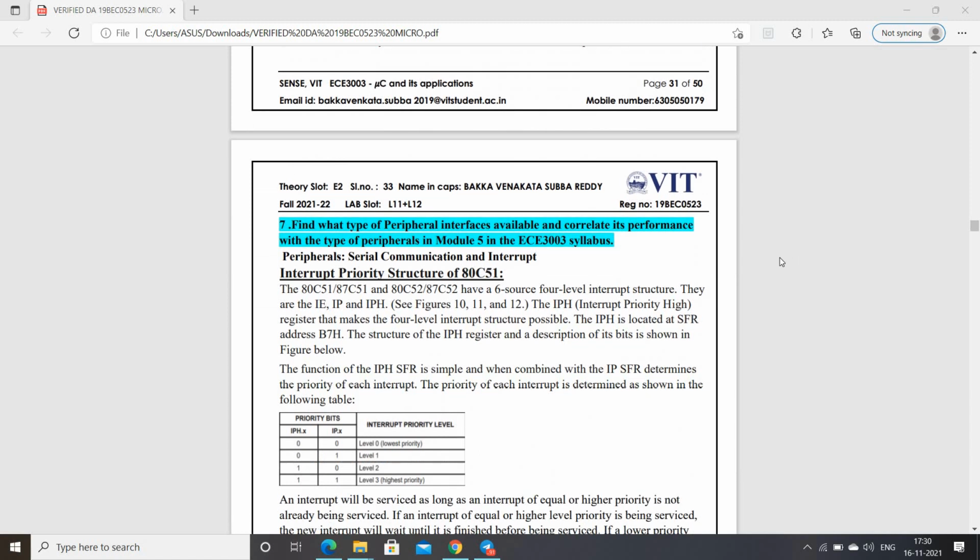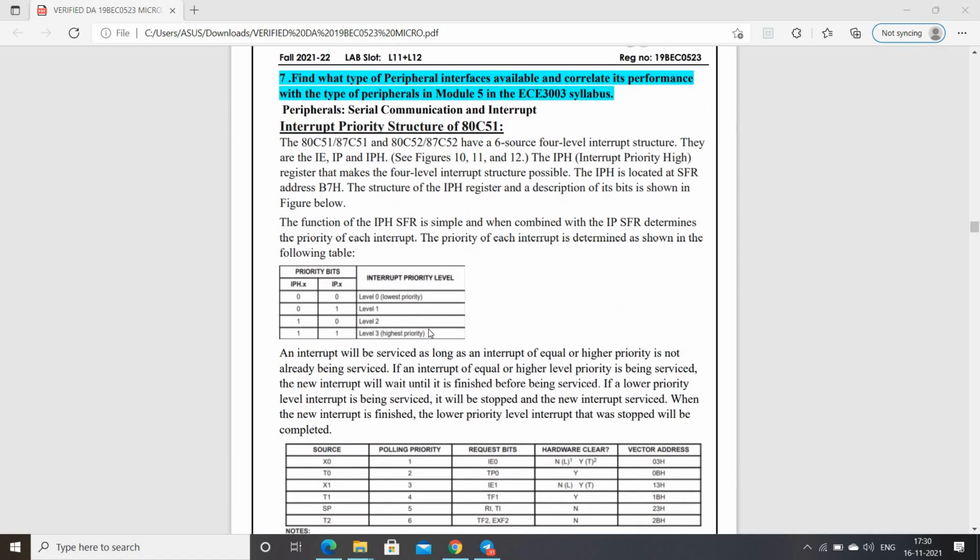And moving on to the 7th question, find what types of peripheral interfaces are available and correlate their performance with the type of peripheral in module 5 in the ECE 3003 syllabus. The peripherals, serial communication and interrupt priority structure of 80C51 are as follows, as you can see here.